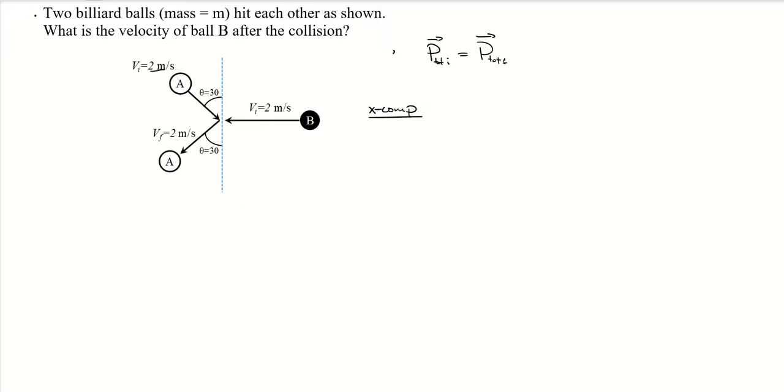For the x components, initially we have ball A, which is the mass (all balls have the same mass in this case) times the velocity of ball A in the x direction initially, and then the same thing for ball B. That's going to be equal to the mass of ball A times its final velocity in the x direction, plus the mass of ball B times the velocity of ball B in the x direction at the end.